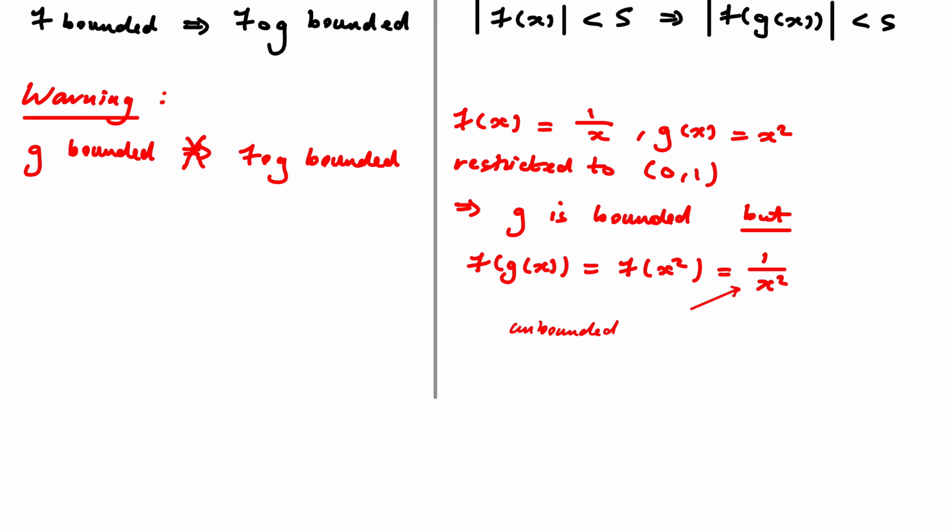So just because the inner one was bounded, it doesn't tell you anything about the outer one. It's unbounded as 1 over x squared grows positively without bound as x gets closer to 0.